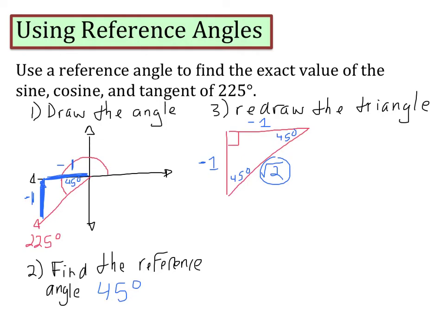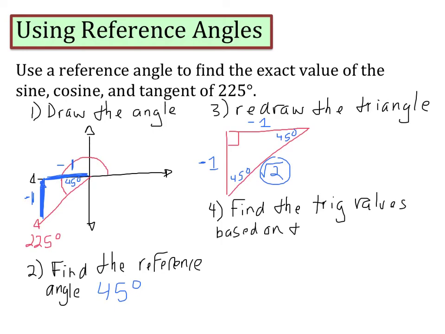So now, after we redraw the triangle with the ratio of the sides, the last thing we want to do is find the trig values based on the reference angle. So the first we want to find is sine.